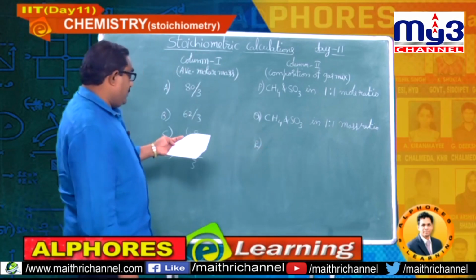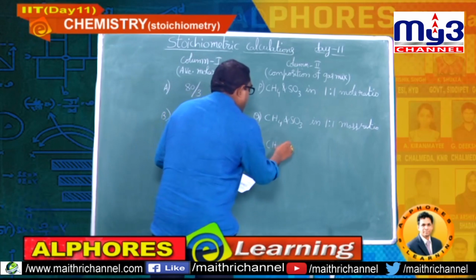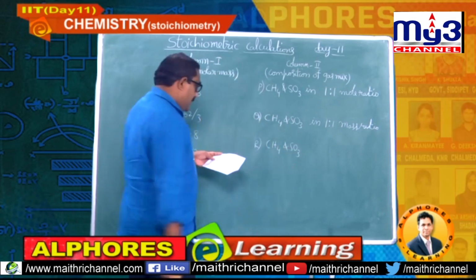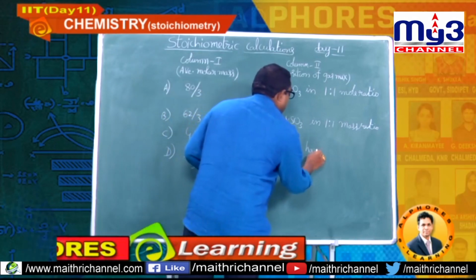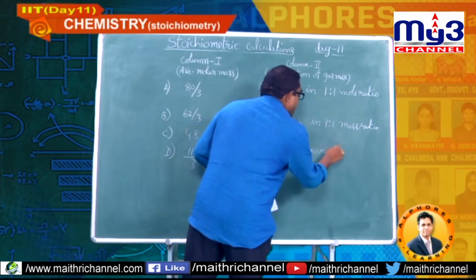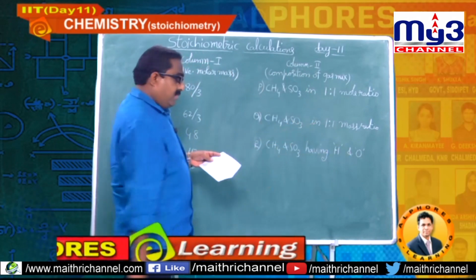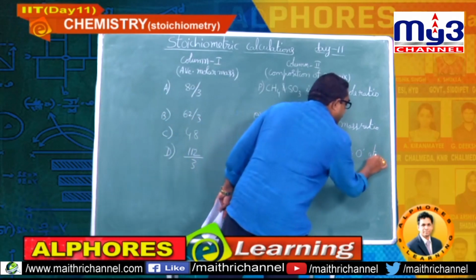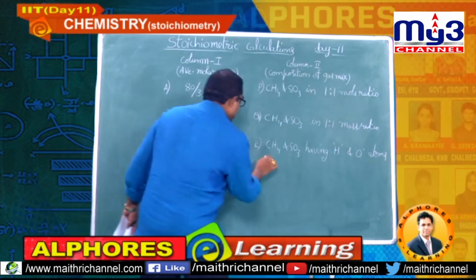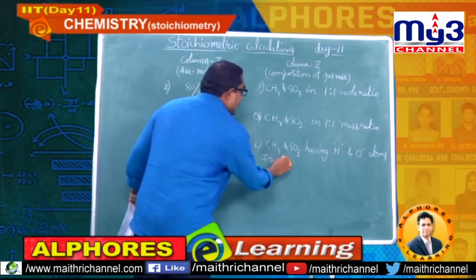R, methane and sulfur trioxide, same, having hydrogen and oxygen. I am writing the elements, hydrogen and oxygen atoms in 8:3 ratio.